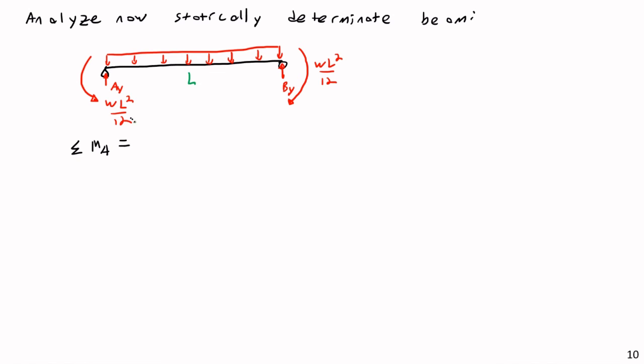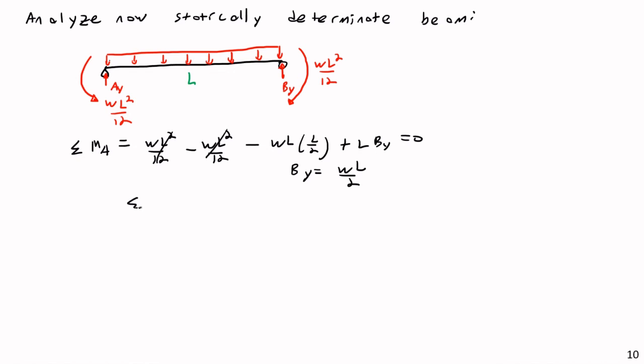You would have WL squared over 12 minus WL squared over 12, and those two things cancel out. Then minus WL, the equivalent point load of this thing, times its moment arm length of L over 2, plus L times BY equal to 0. And BY is equal to the exact same WL over 2.